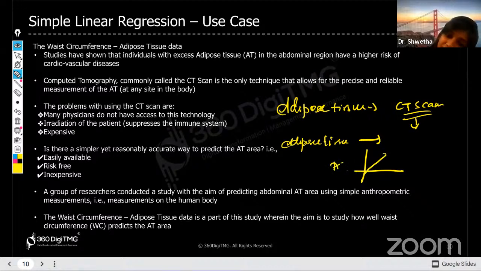Okay, adipose tissue was linearly correlated with the measurements of the body, mainly the waist circumference. Okay, if the waist circumference is more, then the adipose tissue was also found to be more.